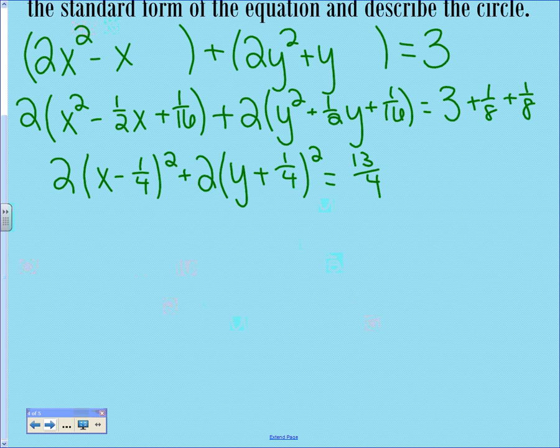Okay. Our standard form of a circle, does it have numbers in front here and here? So we got to get rid of them by dividing everything by 2.